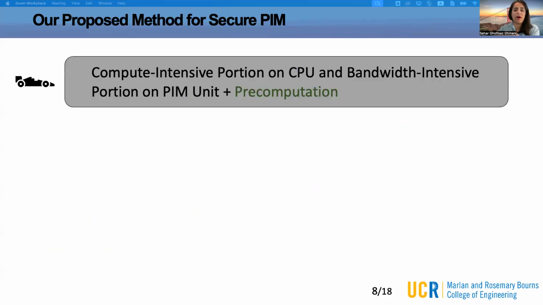Okay, so in our proposed model, we are trying to balance the computation between the TEE and PIM using MPC, and also by adopting pre-computation on the TEE whenever possible. We are trying to reduce the CPU overhead during the runtime.